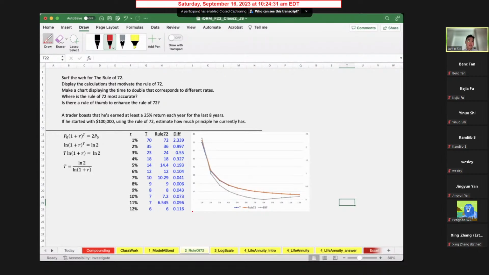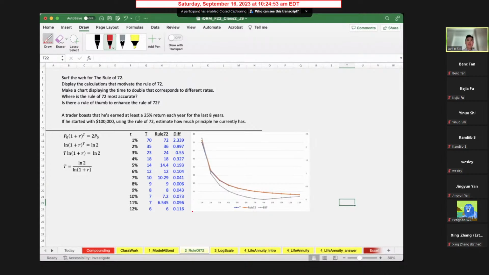You can use the rule of 72 and get the approximate number of years. When you have a percentage return, you take that number and divide 72 by that number.